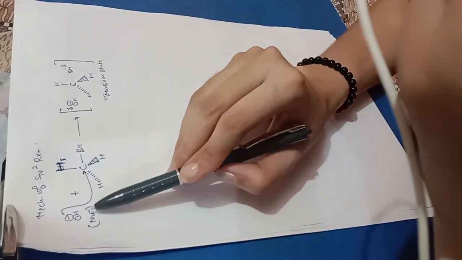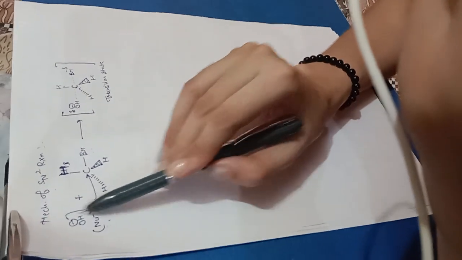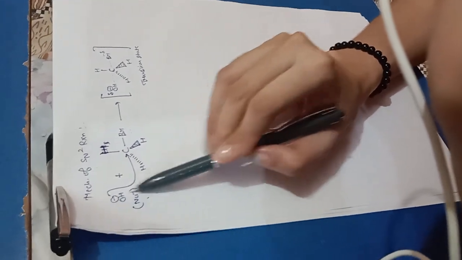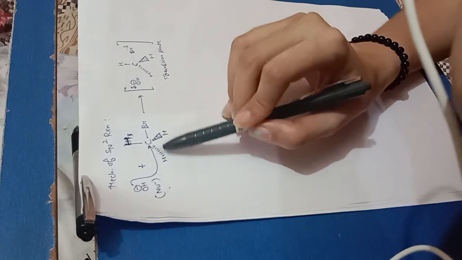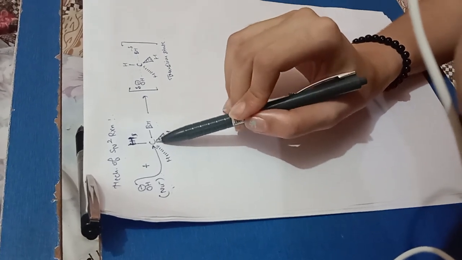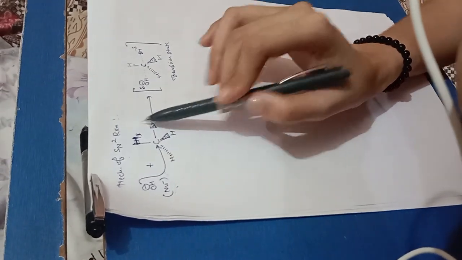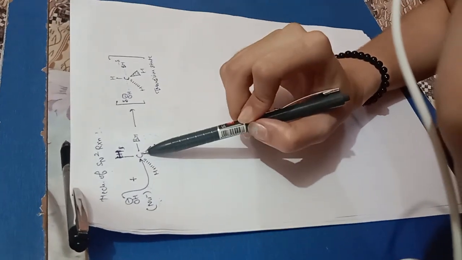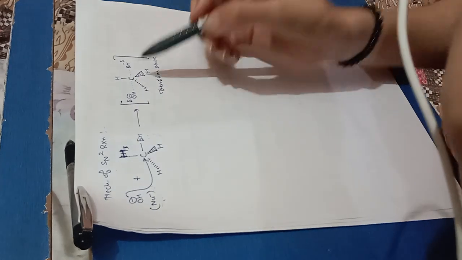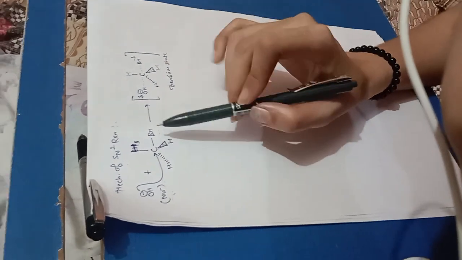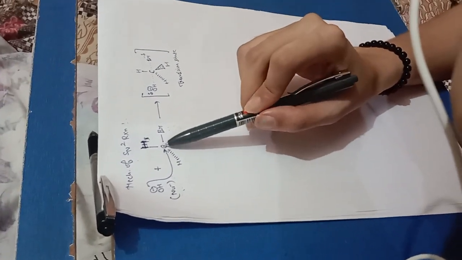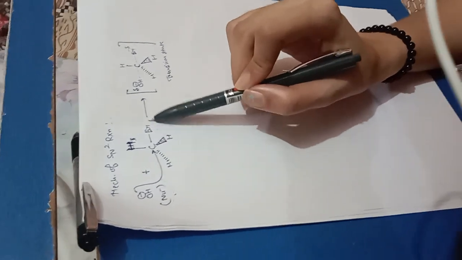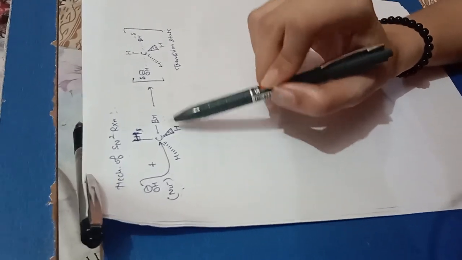Okay. The hydroxide ion, that is your incoming nucleophile, attacks from the backside of the carbon of methyl bromide. The bond between hydroxide ion and carbon will start to form, and bond breaking will start between carbon and bromine of methyl bromide.